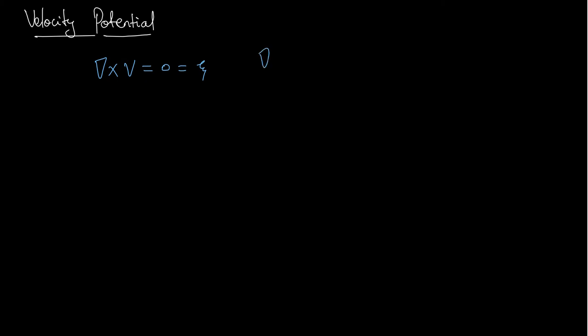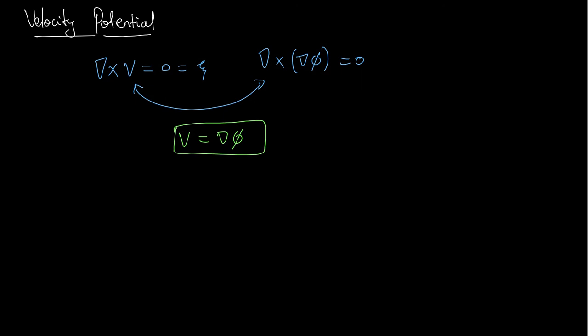Since the curl of a gradient of something is also 0, because we know curl of grad is 0, comparing these two equations, I can write that v is the gradient of some scalar function phi. I can write that v is the gradient of a scalar function phi, and this phi is what we call the velocity potential.